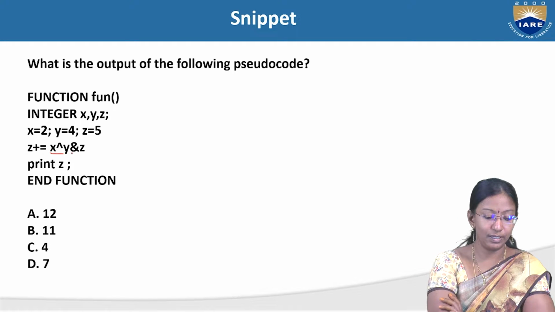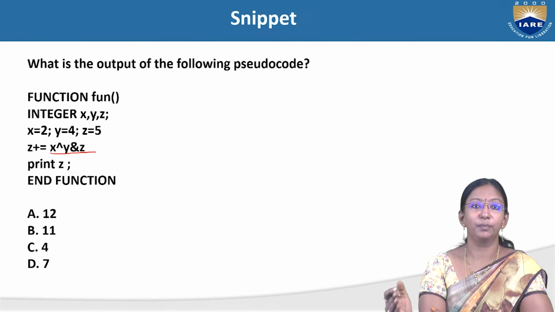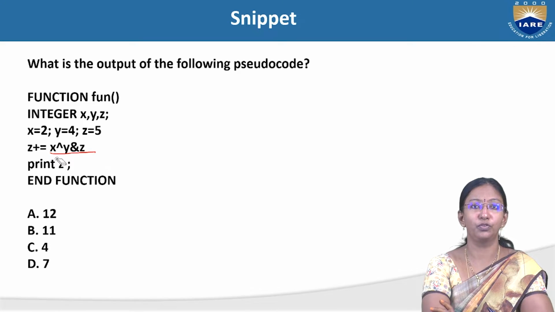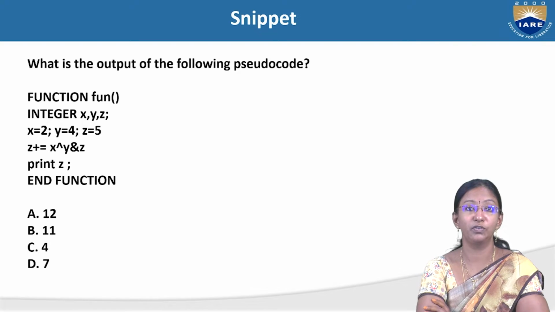I hope you can see z is equal to x, exclusive or y, bitwise and z. Right? This is a small expression. You have to calculate it and print the output of this function, which is the final value of z.